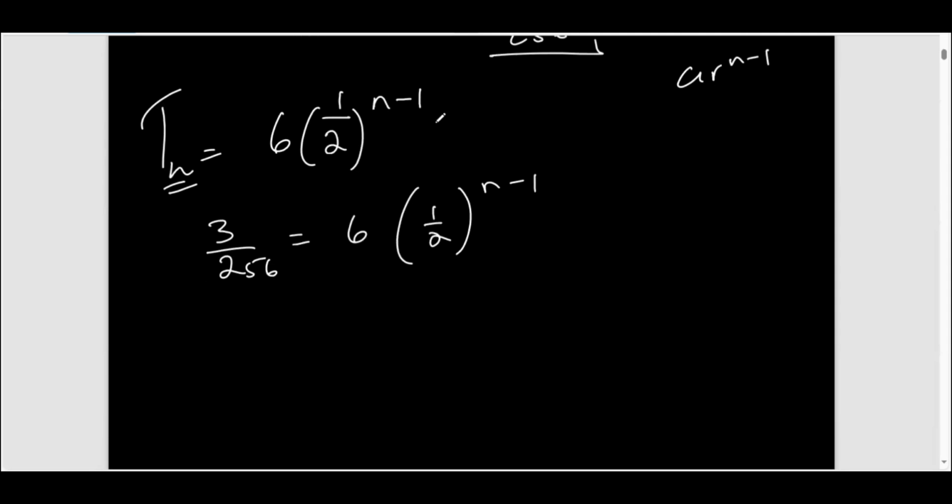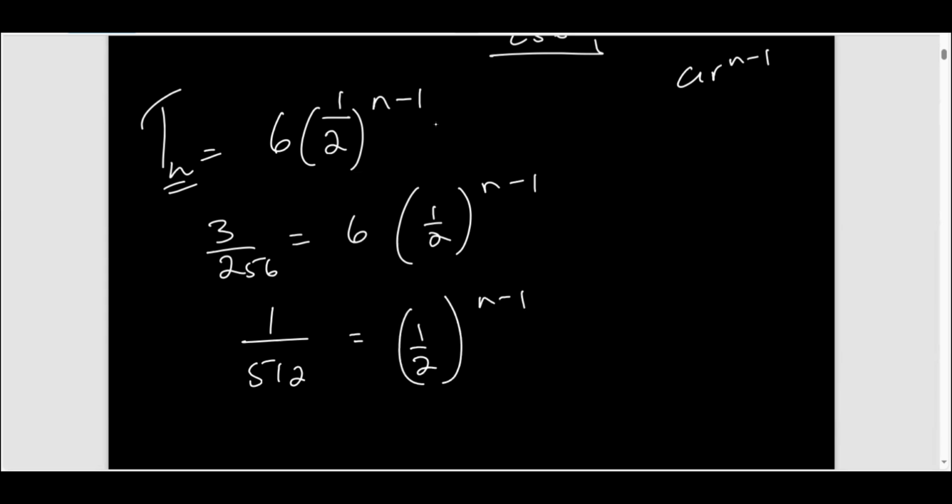So let's divide both sides by 6. Dividing by 6, I'm getting 1 over 512 is equal to a half to the exponent of n minus 1.